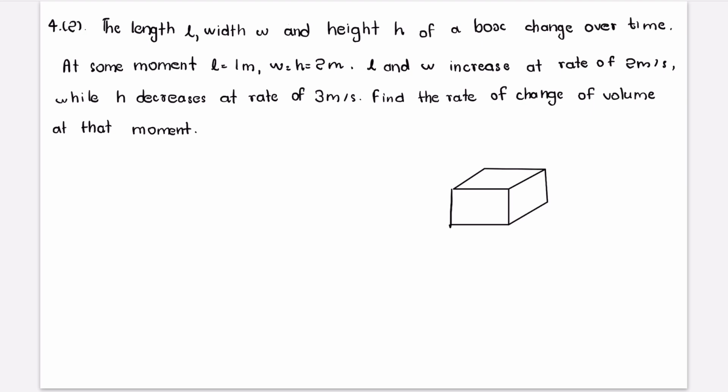So what is L? L is length, and then W and H. L equal to 1 meter, then W and H is 2 meter. Okay, we can just write here.